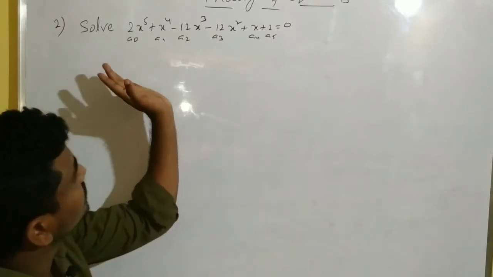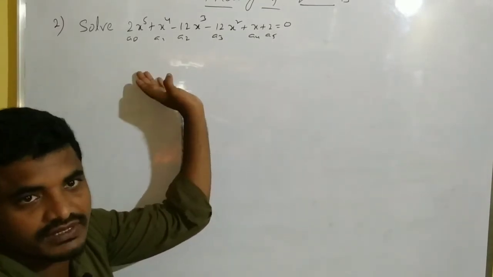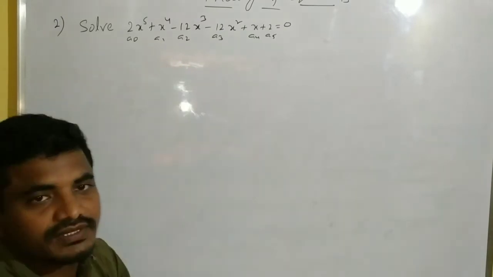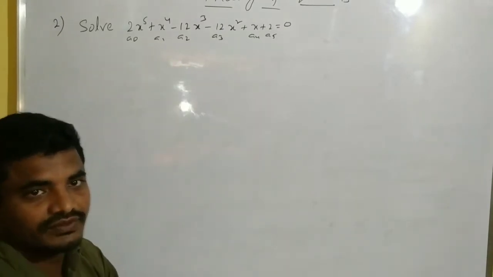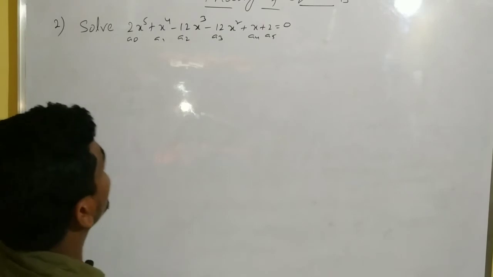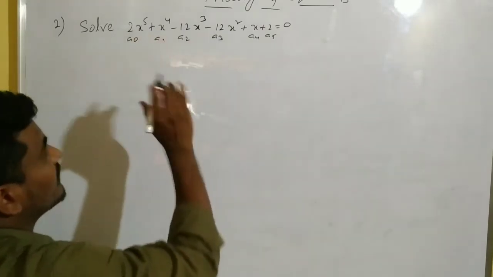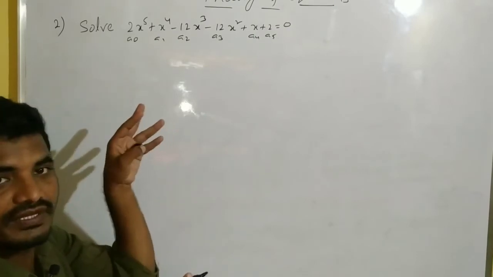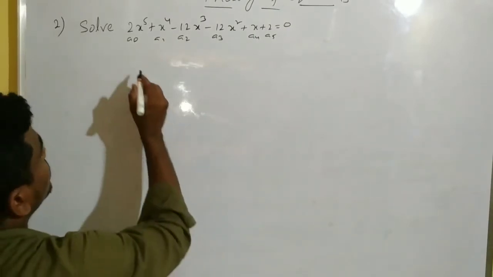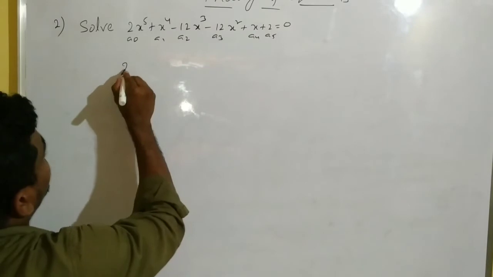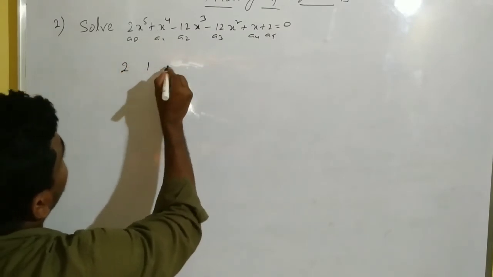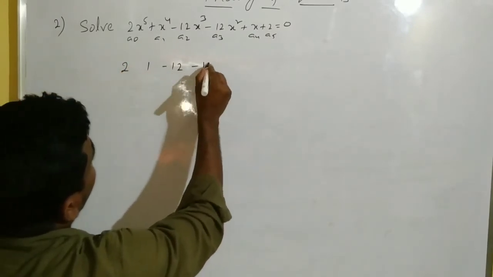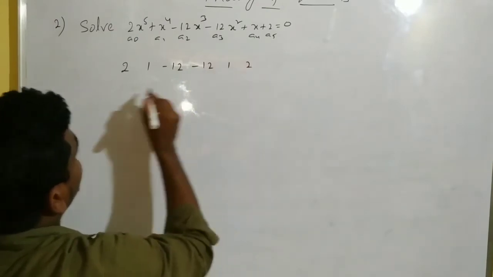So the first root is minus 1. With the minus 1 we are going to divide by the synthetic division method. I'm converting into a fourth degree equation. So the coefficients I'm taking here are 2, 1, negative 12, negative 12, 1, 2.